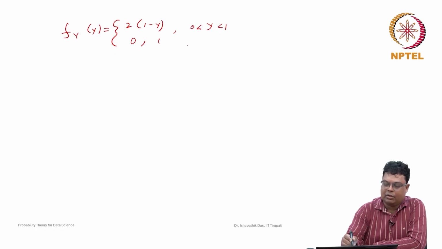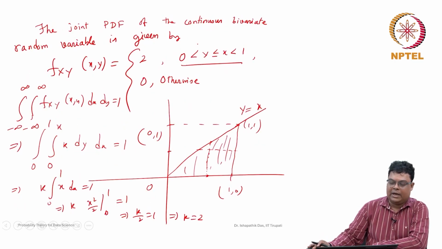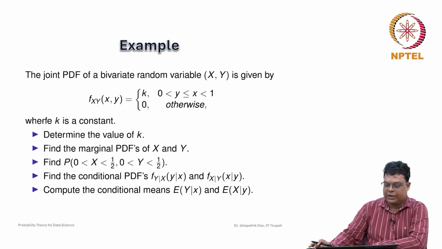I made a mistake earlier: the limit of x is y to 1. I usually think y but write x. So we already computed those things, and the next question is how to find the probability that 0 is less than x less than half and 0 is less than y less than half.